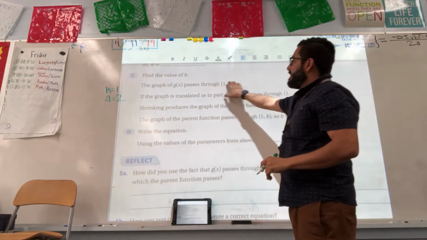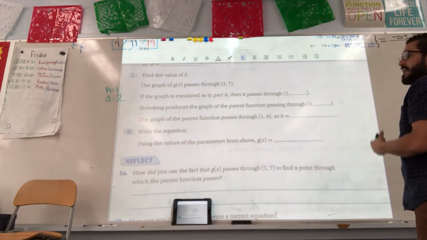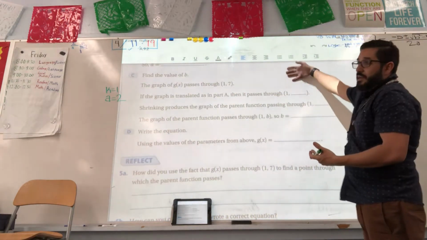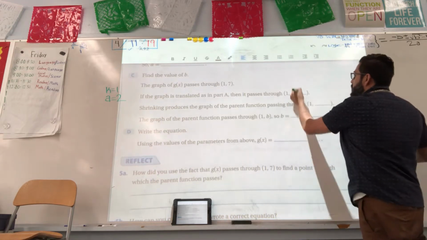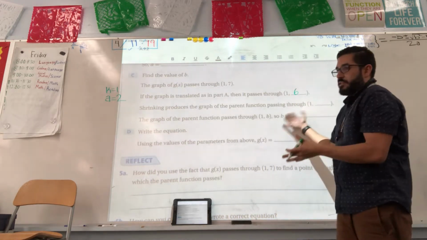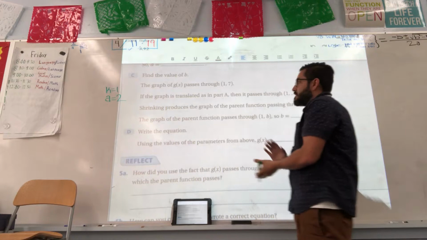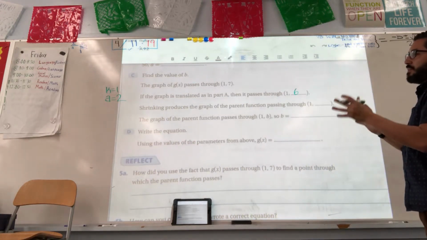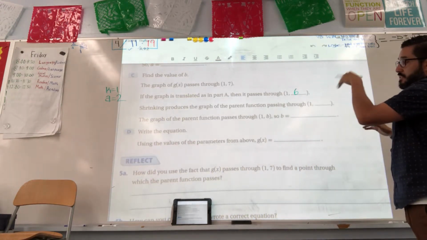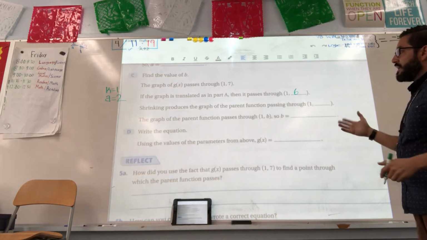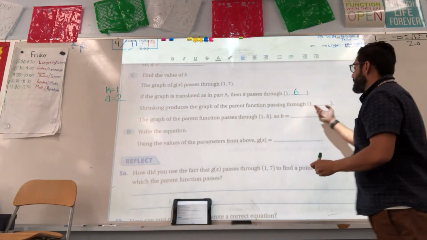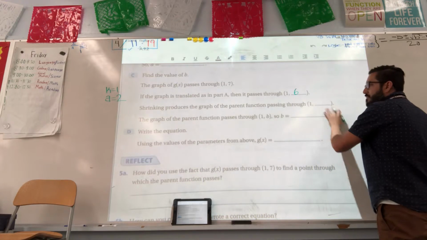All right, so the graph of g of x passes through (1, 7). If the graph is translated, as in part A, up 1, then it passes through (1, 6), because the function with the a added to it would have passed through (1, 6). Shrinking produces the graph of the parent function passing through (1, b). How do we find this?